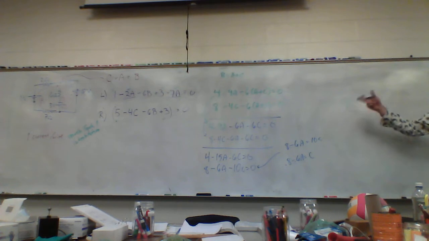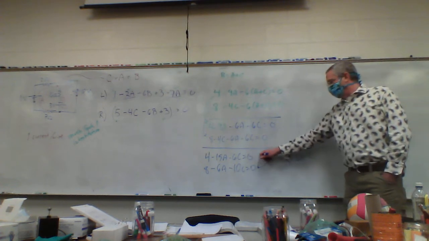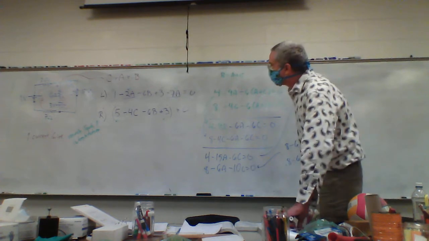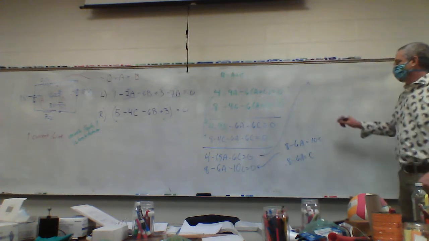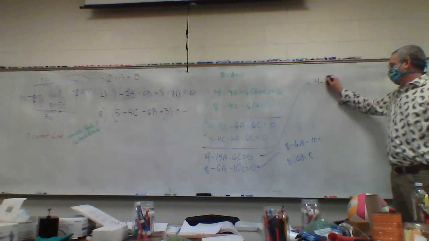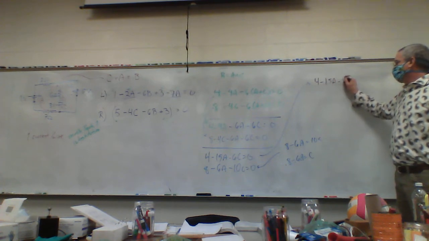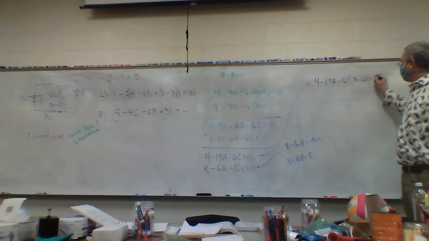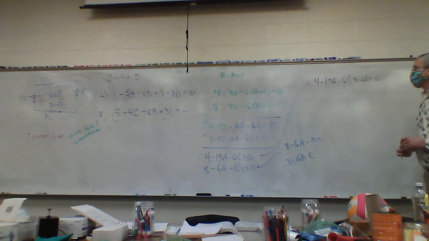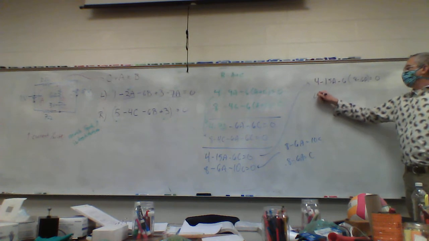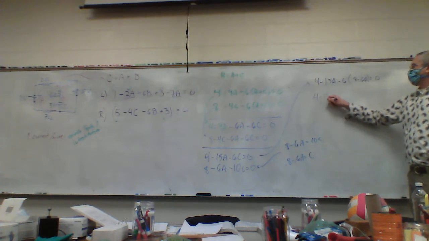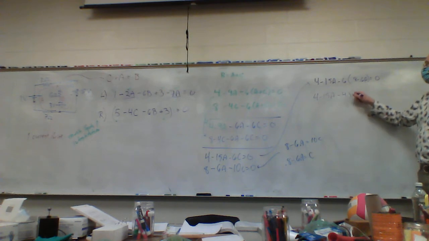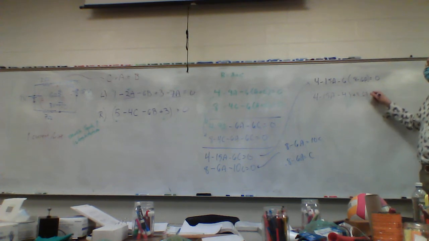I substitute that now into the first equation. And so I have 4 minus 15A minus 6 times (0.8 minus 0.6A) equals 0. 4 minus 15A minus 4.8 plus 3.6A equals 0.